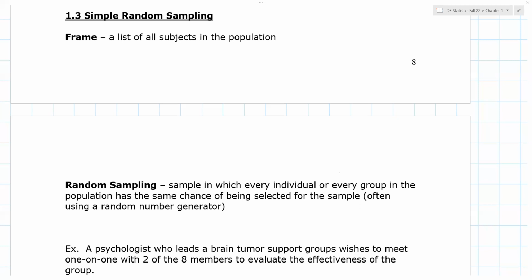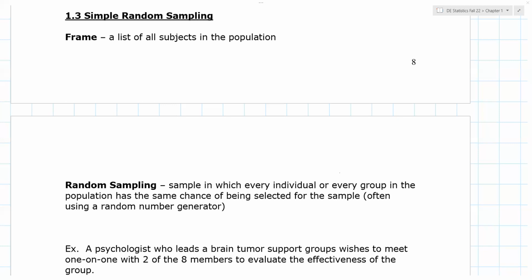In order for this to be a fair sample, I need to make sure that when I'm choosing a random name, I have all of your names available to choose from. If I have 65 students, but I only have 30 names that I'm going to choose from, well, that's not a fair sample.